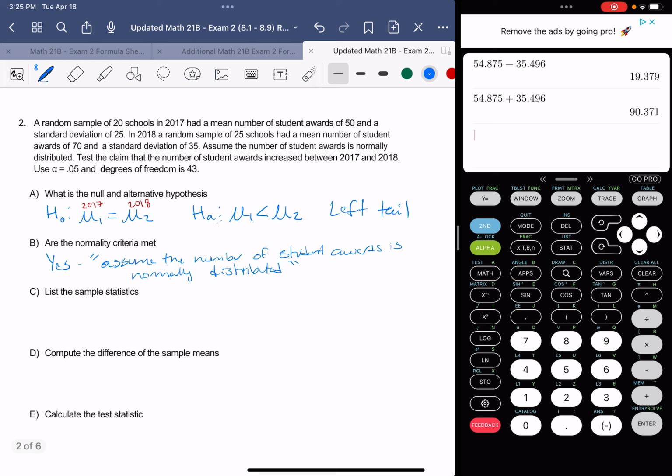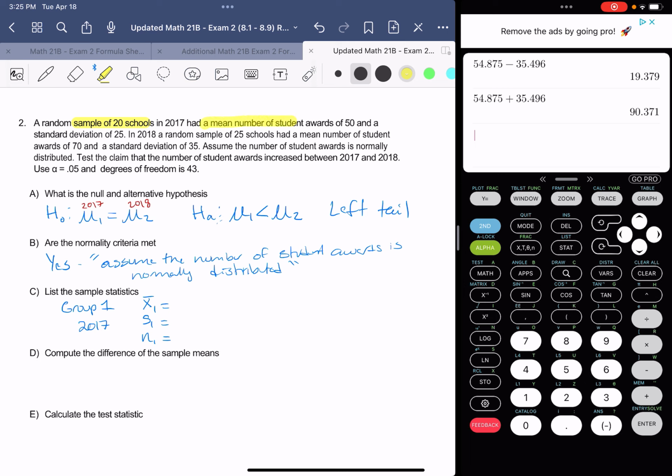Part C, list the sample statistics. When it says list the sample statistics, it's basically just saying organize your information. For group 1, which we said was 2017, we have X1 bar, S1, and N1. In 2017, it was a sample of 20 schools.